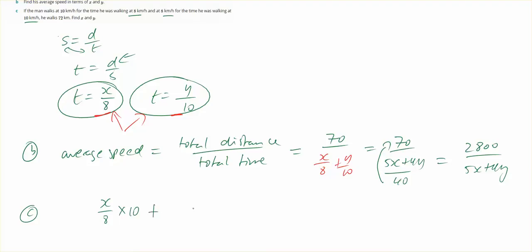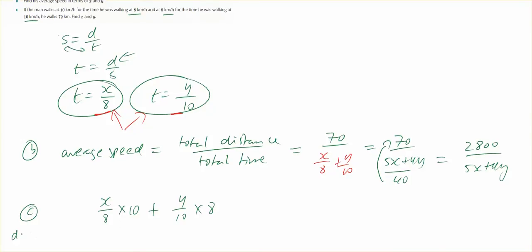Similarly, the time he spent walking at 10 kilometers per hour, he's now walking at 8 kilometers per hour. The reason I multiply these together is because I know that distance is speed times time. So this distance plus this distance has to equal 72.